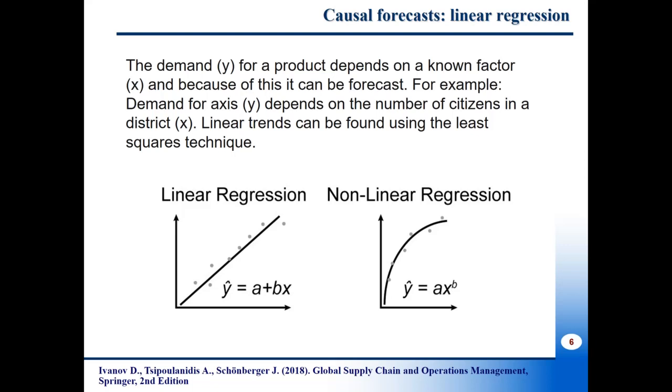Solution methods of polynomial regression are mostly heuristic. Machine learning algorithms, for instance, artificial neural networks or ANN, support vector regression or SVR, or random forest regressions can be used to forecast demand when the formulation is polynomial.